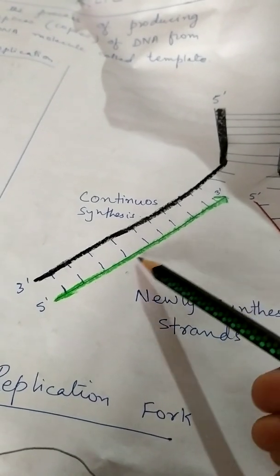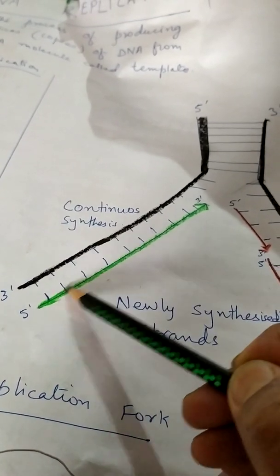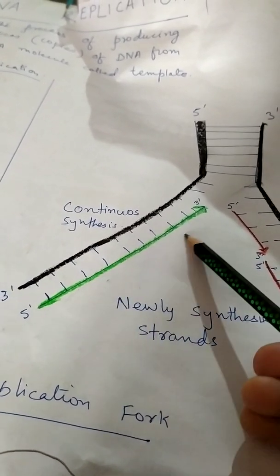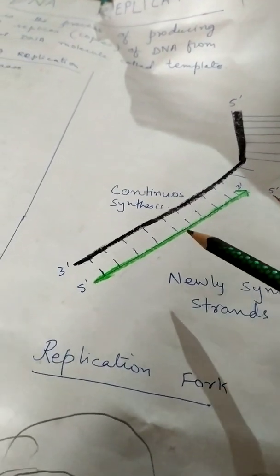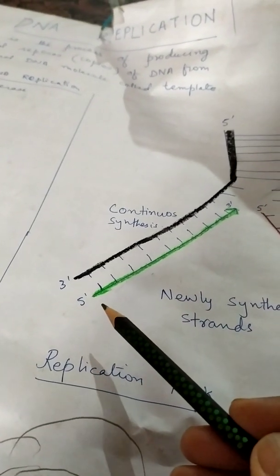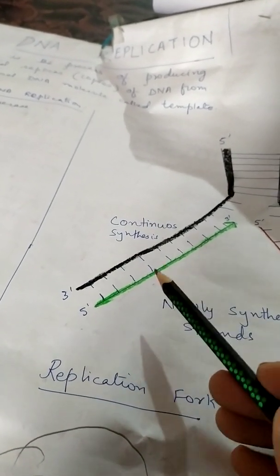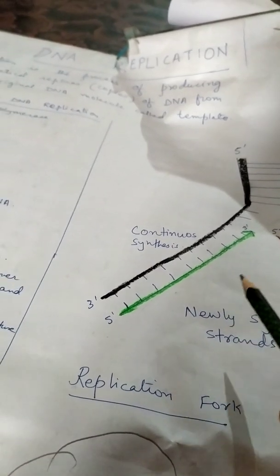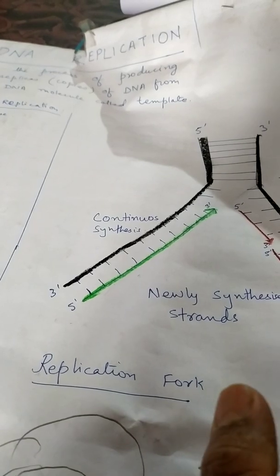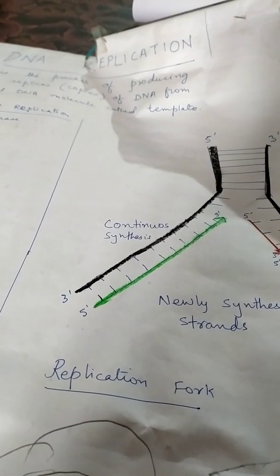Here, synthesis of DNA is continuously going. So this is known as the leading strand, which is leading. And remember, the new strand of DNA always forms from 5' to 3', and it is governed by DNA dependent DNA polymerase. Other enzymes like helicase and topoisomerase are helpers only. The main enzyme is DNA dependent DNA polymerase.